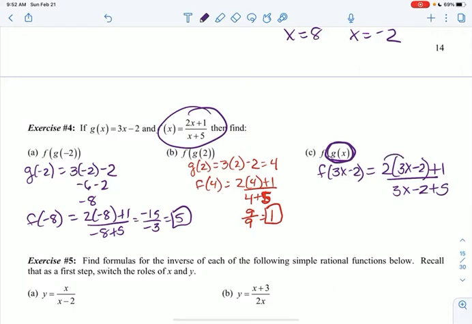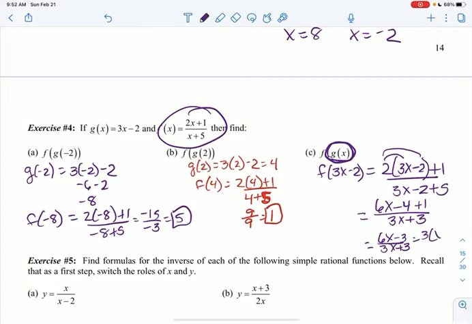Well, I have to distribute this, so that's going to give me 6x minus 4 plus 1, and on the bottom I'm going to have 3x plus 3. I just combine the negative 2 and the 5. On the top, the negative 4 and the 1 is really going to be 6x minus 3 over 3x plus 3. Both of those have a GCF of 3, the top and the bottom, so I can pull out a 3.